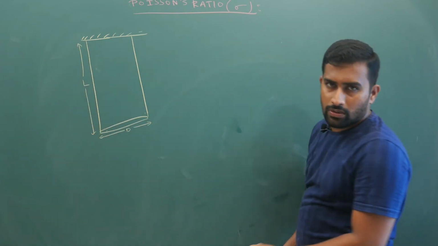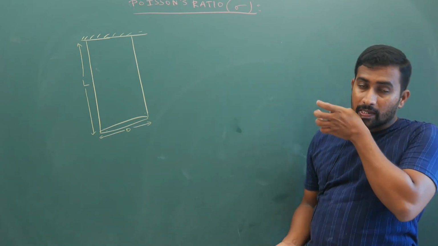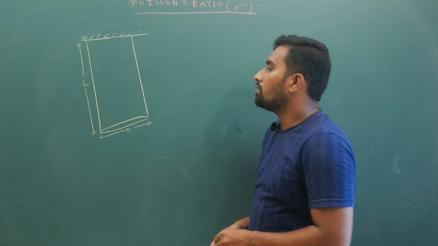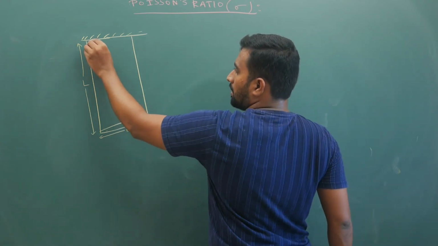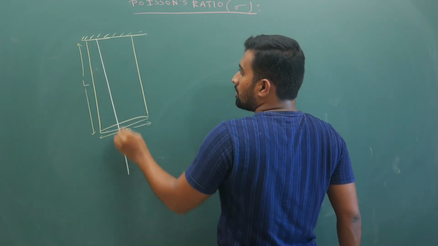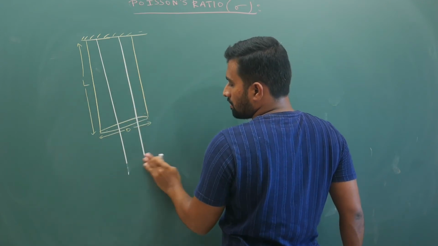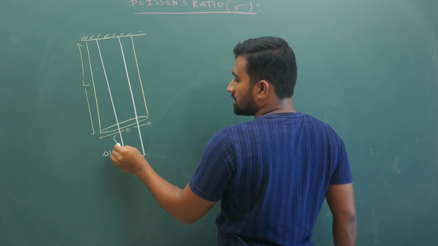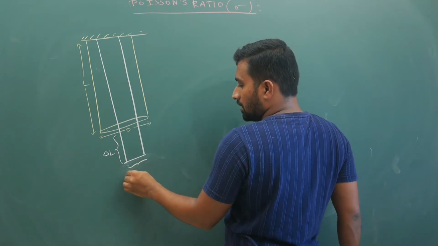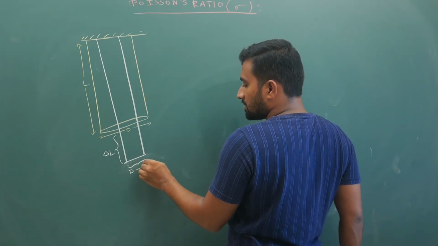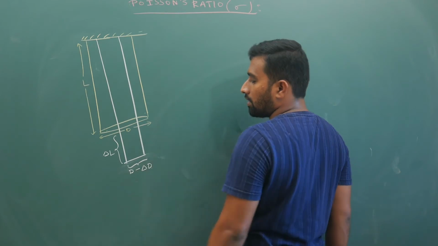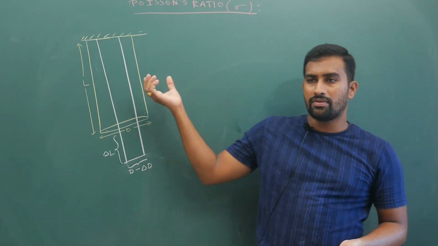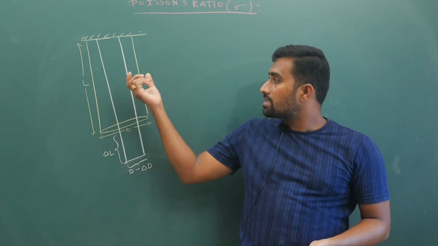Now this wire, because of its own weight, will expand. Let us say it forms some change in length, this is delta L, and your new diameter is d minus delta d. Usually when you suspend a wire, its length will increase.